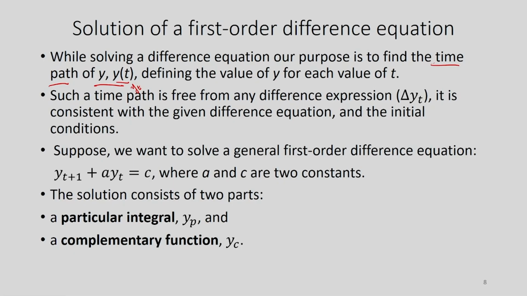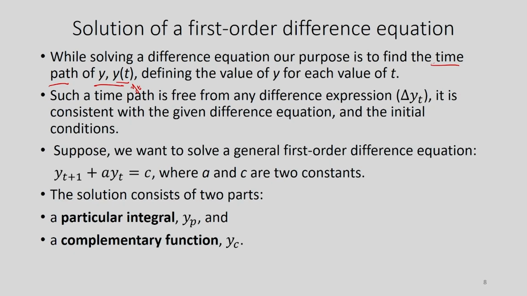It defines the value of y for each value of small t. That is what I have just said, that if I am given the value of small t from the solution, I can give the value of the y, that is the variable.